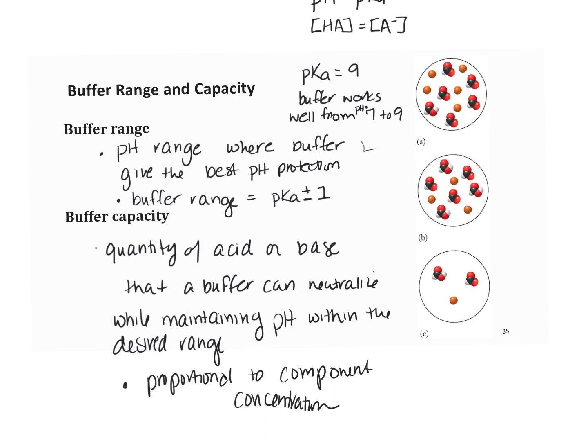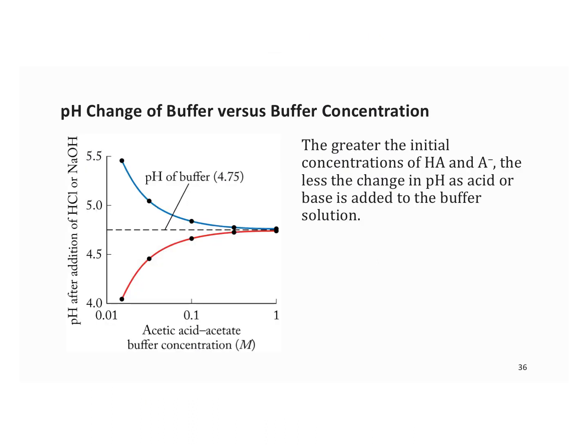An illustration of buffer capacity is shown here. This is for acetic acid and acetate. So this is an acetic acid acetate buffer concentration, and it has a pKa equal to 4.75.